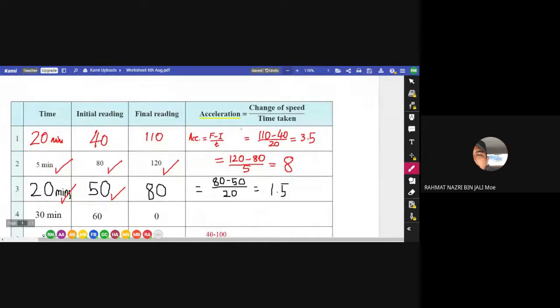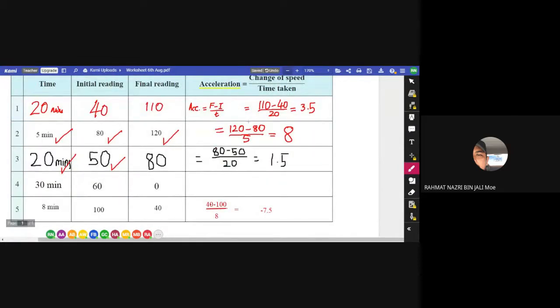Zoom in. Boleh refer textbook, page 179. So the acceleration is change of speed, 80, the final reading minus the initial reading. So we get 30. 30 divided by 20, we have 1.5. Okay, betul.